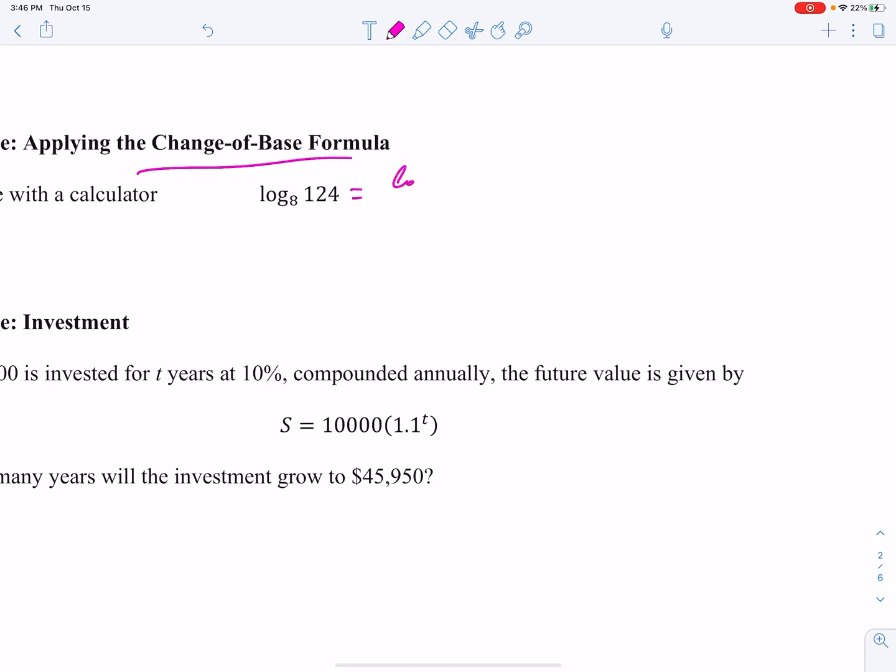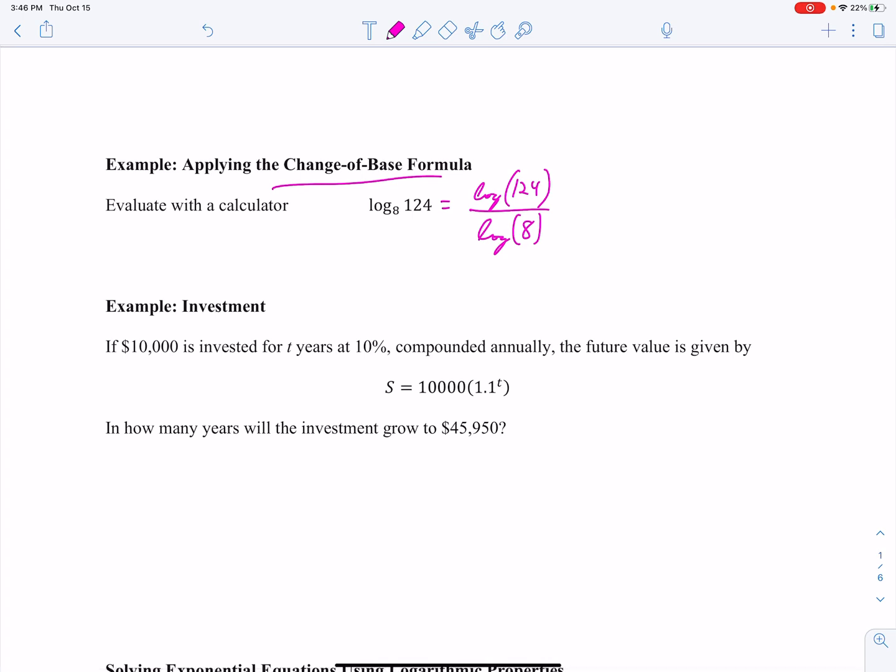In other words, we do log of the bigger number, 124, bigger as in physically larger, not numerically larger, over log of the base. And again, when you type these in, please make sure that you use parentheses. Okay, just like I did here. If you plug that in properly, you should get 2.318, somewhere around there. Okay, make sure you try that out. Make sure you know how to do those.